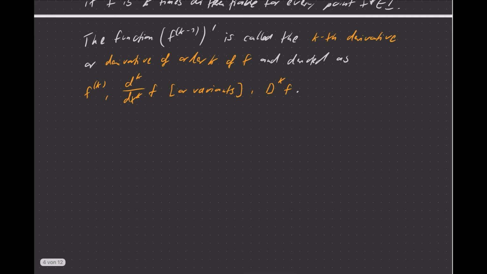And once again, if f is k times differentiable, and in addition to that, the kth derivative is a continuous function on I, then we call f k times continuously differentiable.